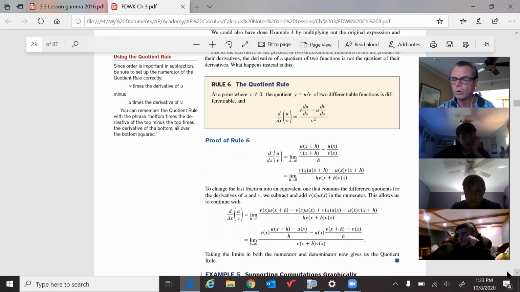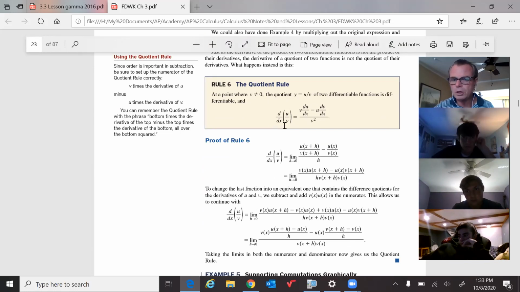So for the quotient rule, and this will seem confusing, especially today, the first time you see it, but I assure you, you're going to have to use the quotient rule for the next 7 months, and this is not challenging after this weekend.